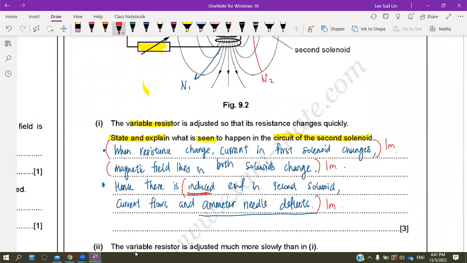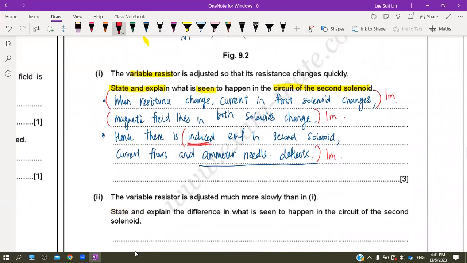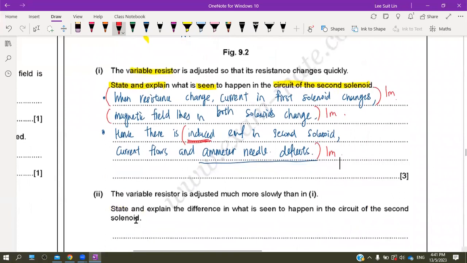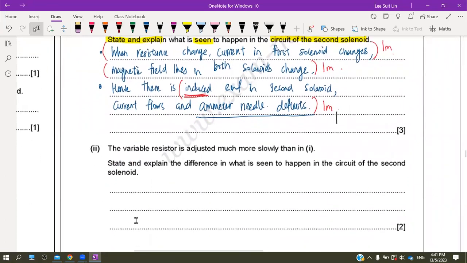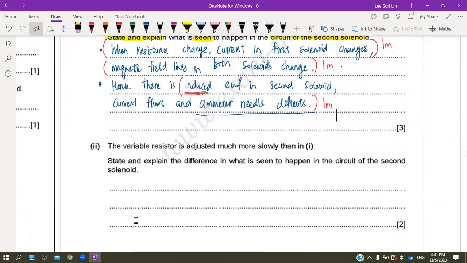Part 2, the variable resistor is adjusted much more slowly than in part 1. So that means the change is less, more gradual. So explain the difference that is seen to happen in the circuit of the solenoid. I can say that because it's adjusted slowly, there's a slower rate of change of magnetic field.